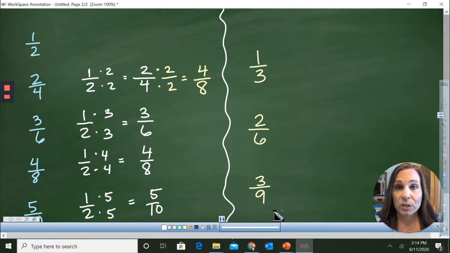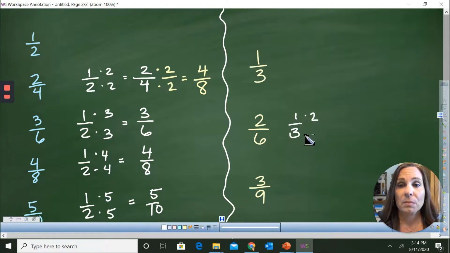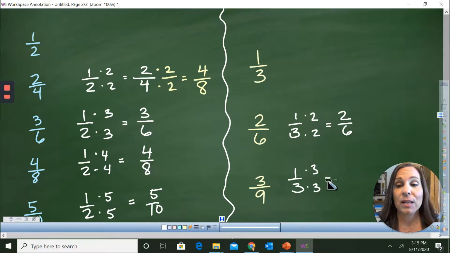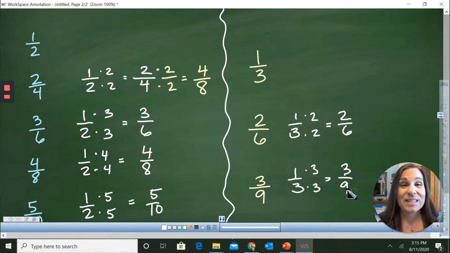All right, let's look over on the other side. So 1/3, if I multiply 1/3 top and bottom by 2, I get 2/6. 1/3, multiply top and bottom by 3, and I get 3/9. So we can create equivalent fractions by multiplying a fraction by the same number on the top and the bottom.